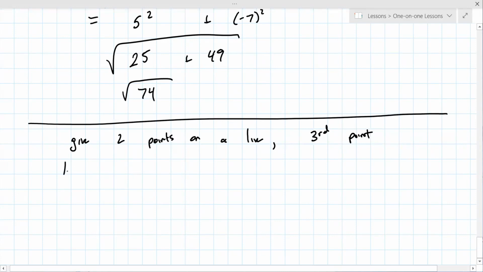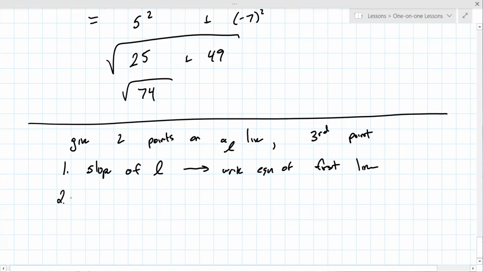So we use those 2 points to first get the slope, and they've been calling this L, so we'll call it the slope of L. We use the slope of L to write the equation of the first line. Then we take the slope of L and turn it into its perpendicular slope.